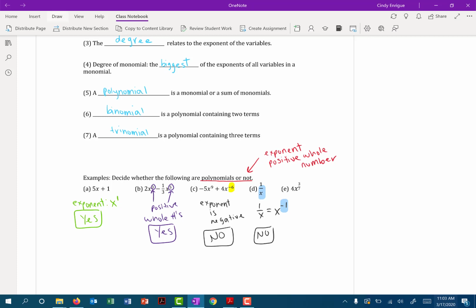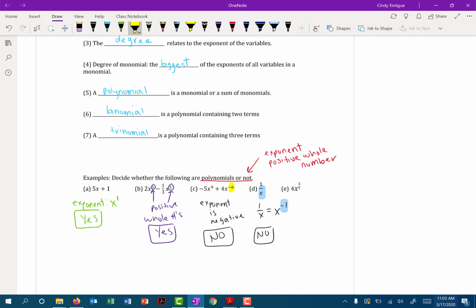For part E, I see that the exponent is 3/7. It is not a whole number. Therefore, it is not a polynomial. Hopefully those are some nice examples to show you what is a polynomial and what is not. You just have to really pay attention to the exponent.